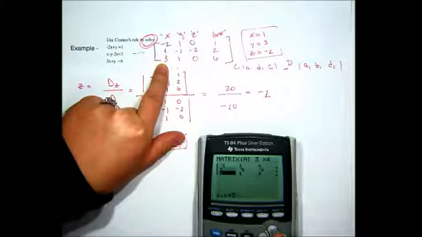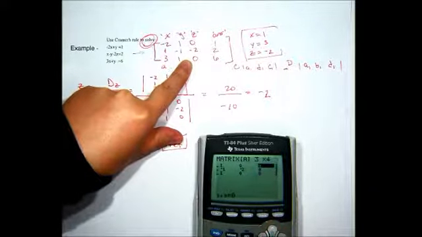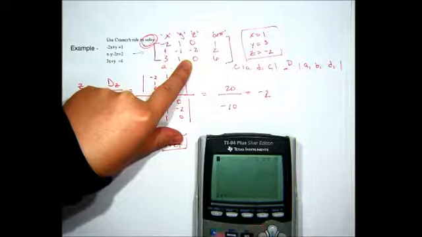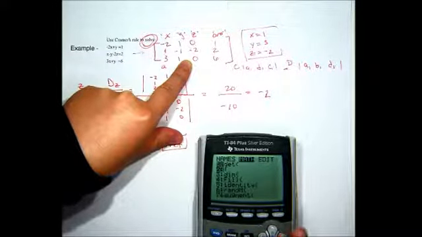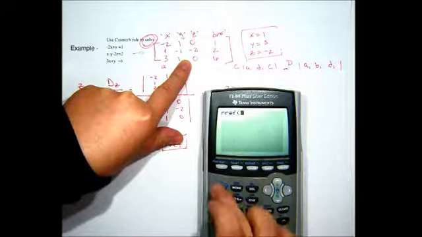Negative 2, 1, 3. 1, negative 1, 1. 0, negative 2, 0. 1, 2, 6. Now if I simply want to solve the system, that's RREF.